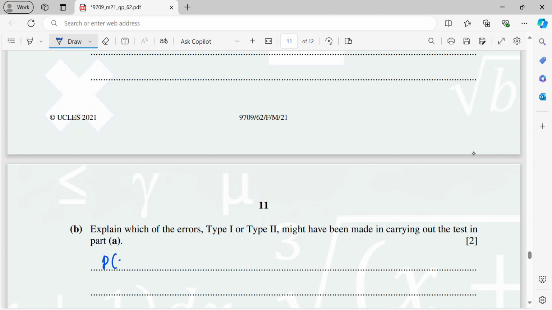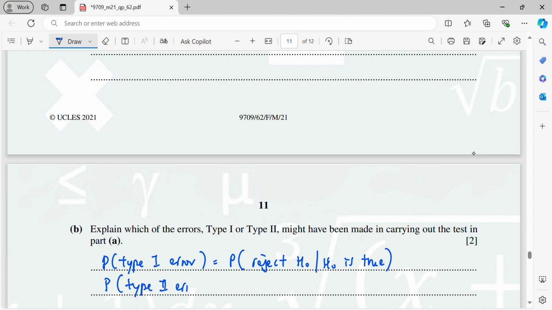Just for information, the probability of type 1 error is defined as the probability we reject H naught, given H naught is true. And the probability of type 2 error is defined as the probability of do not reject H naught, given that H naught is false.